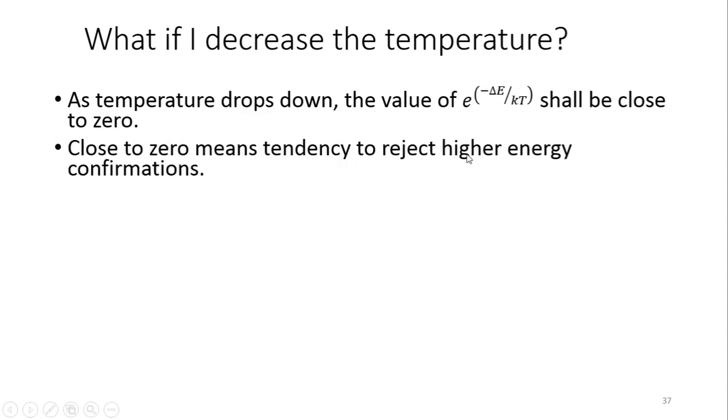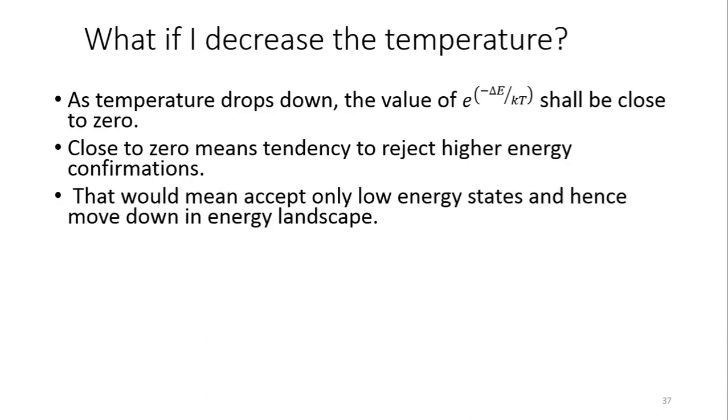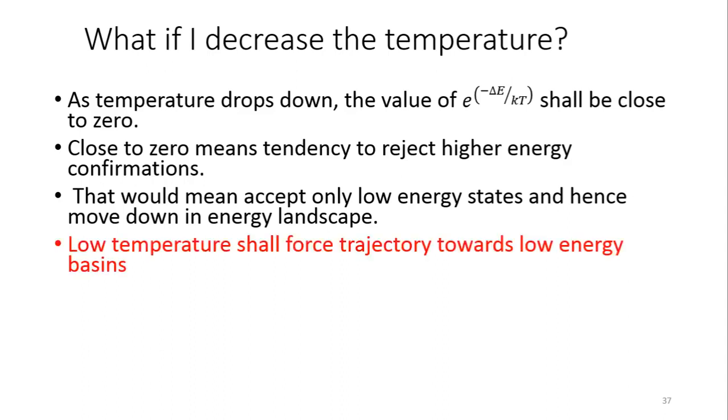Now, if it is close to 0, that means there is a tendency to reject high energy conformations. That would mean we accept only low energy states and hence move down in the energy landscape. So low temperature shall force the trajectory towards low energy basins.